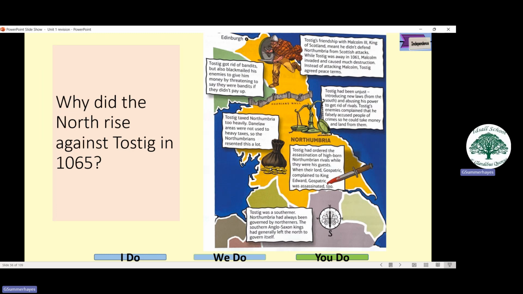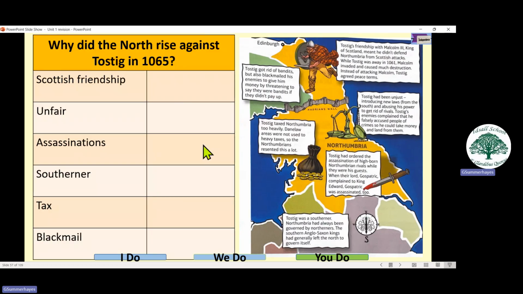And even though he did get rid of bandits, he blackmailed his enemies by falsely accusing them of being bandits if they didn't pay up. So he wasn't a great guy, all in all, is old Tostig. And so they rose up against him for those reasons. Scottish friendship, unfair, assassination, southern attacks, blackmail.